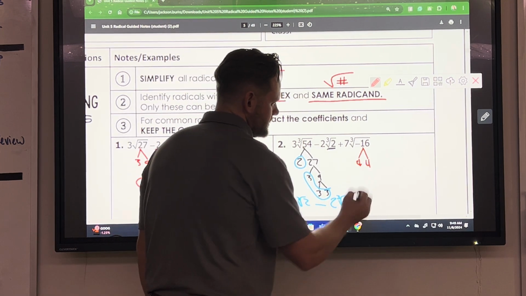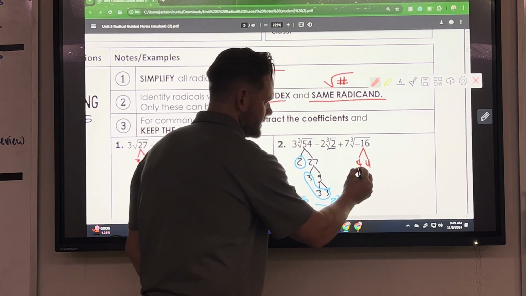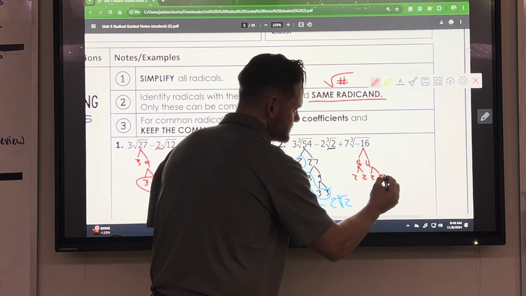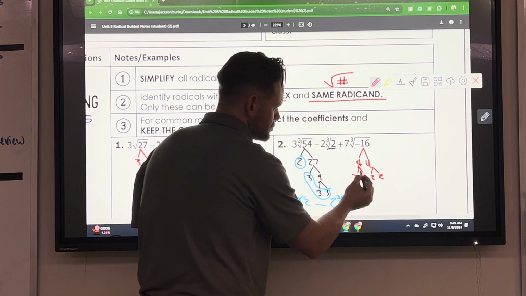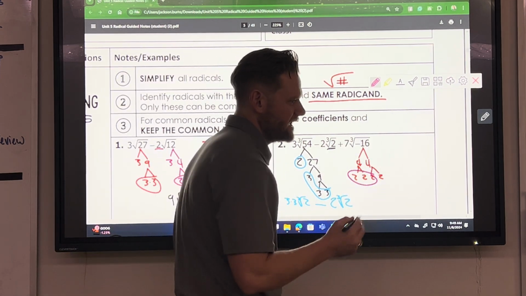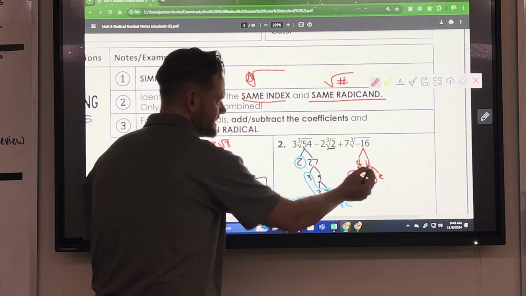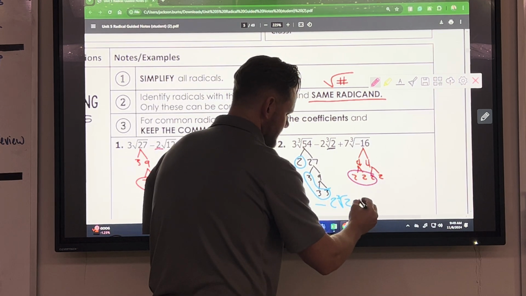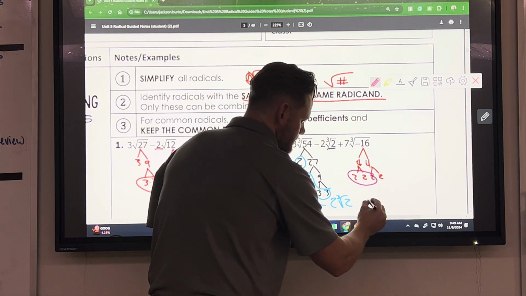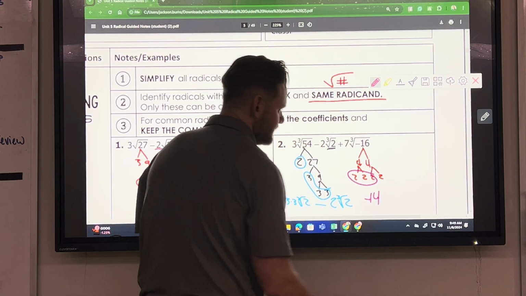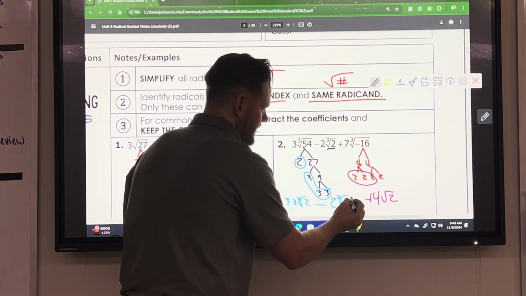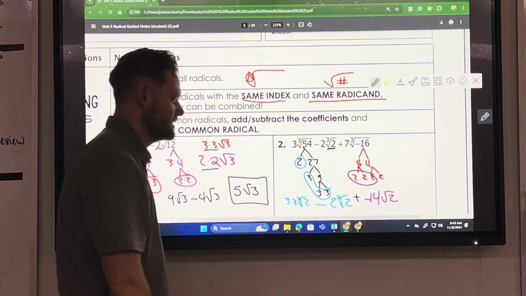I know 16 is 4 times 4, and it's 2 times 2, and 2 times 2. I'm pulling out triples, so one of these 2 will be left over. I want to pull out a negative number to leave it as a positive 2. So I'm going to get 7 times a negative 2, which is going to be a negative 14 cubed root of 2, and I was adding this number here.